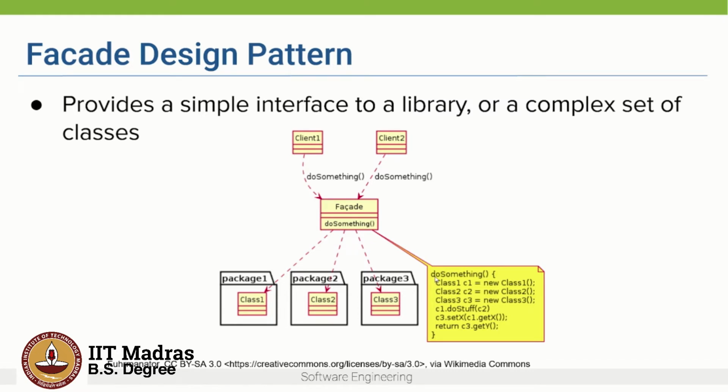So in this case, do something calls all the appropriate methods in each of the individual classes. And now clients do not have to remember each of the individual function calls, but will just have to call do something with the necessary parameters. So let's see how we can make changes to our existing code to implement the facade design pattern.